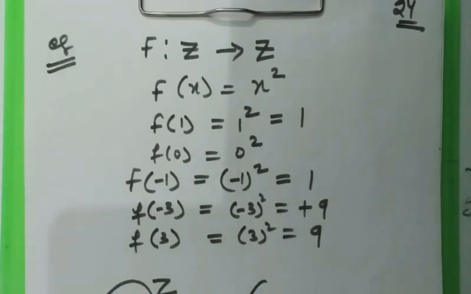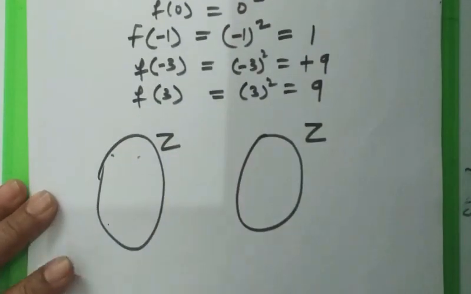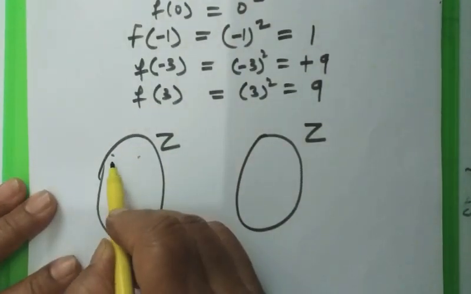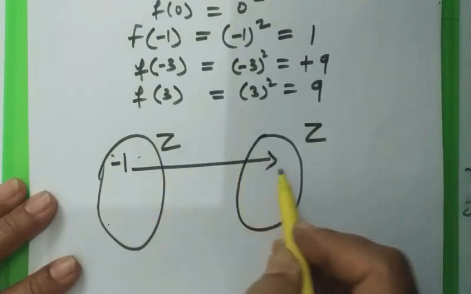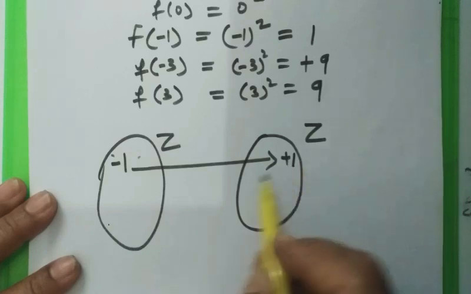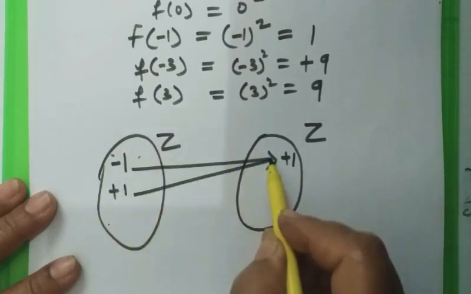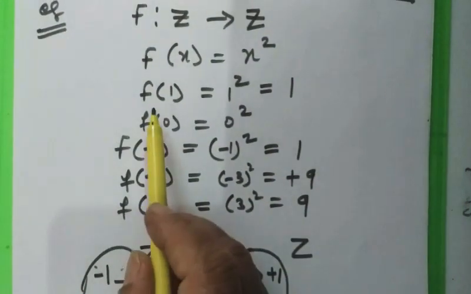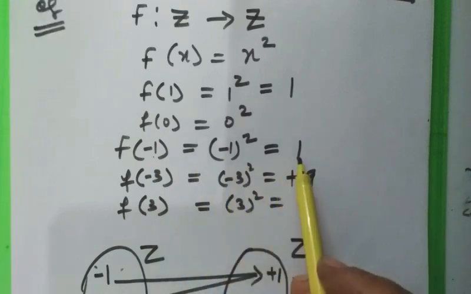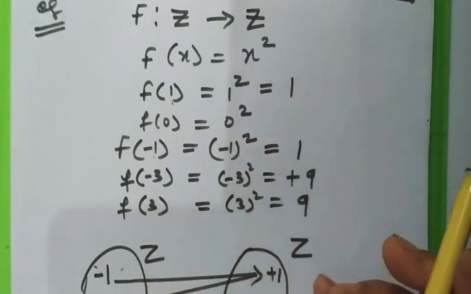suppose both the ovals denote the set of integers, and the element minus 1 is being mapped to the element plus 1, but the element plus 1 is also being mapped to the same element plus 1, as we have seen here that f(-1) was plus 1 and f(+1) was also plus 1.